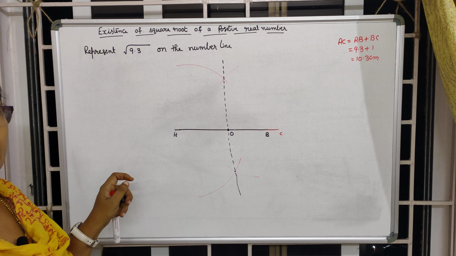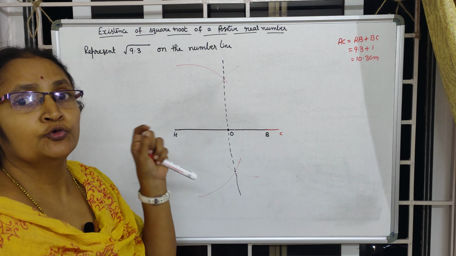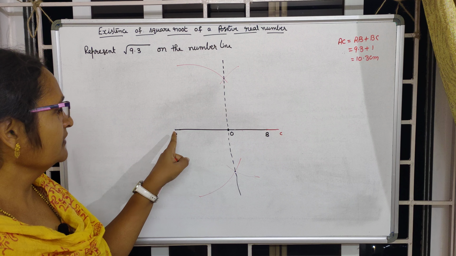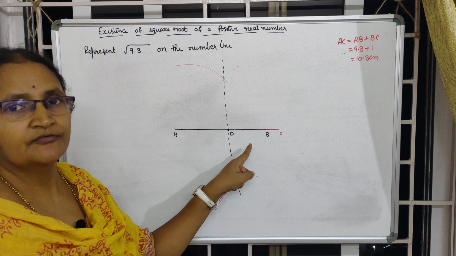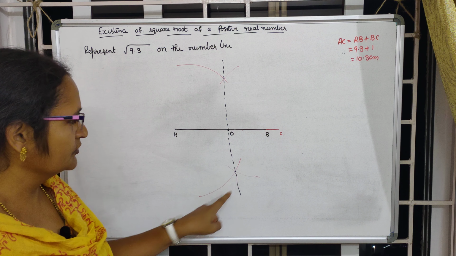So what did we do in the third step? We drew the perpendicular bisector to AC. How did we draw it? We took more than half of the length of AC and drew an arc up and also down.